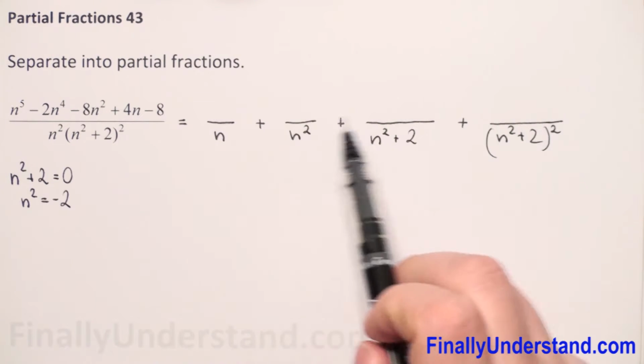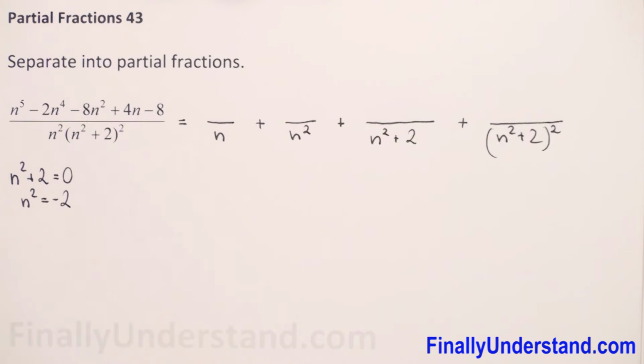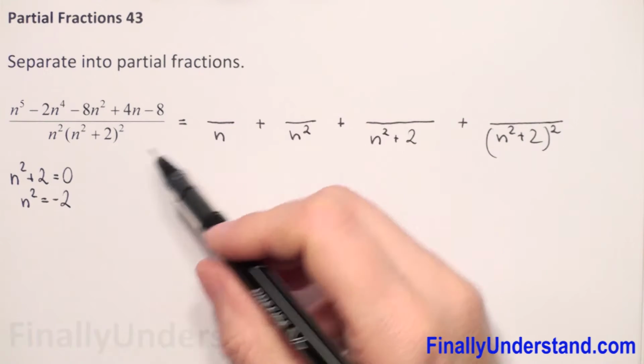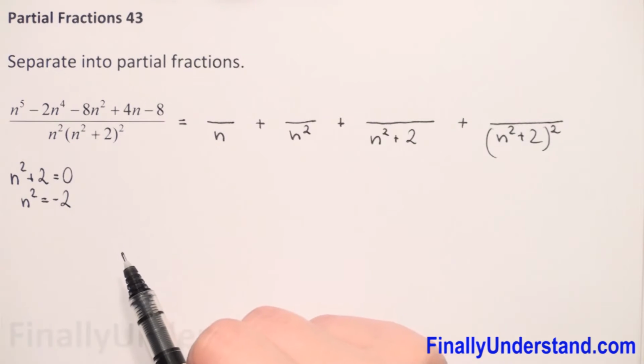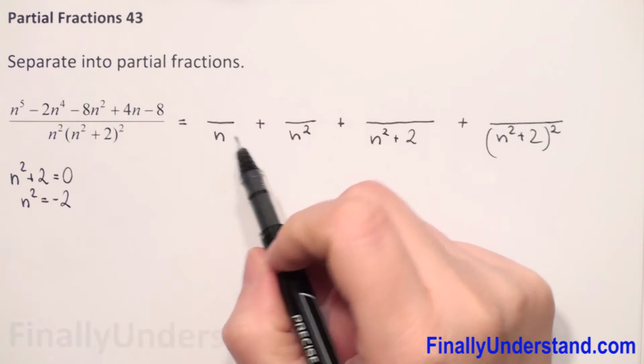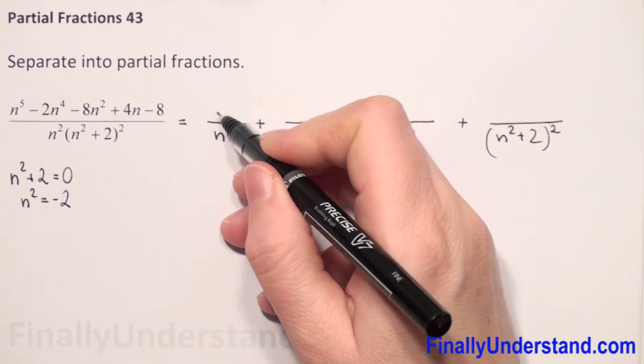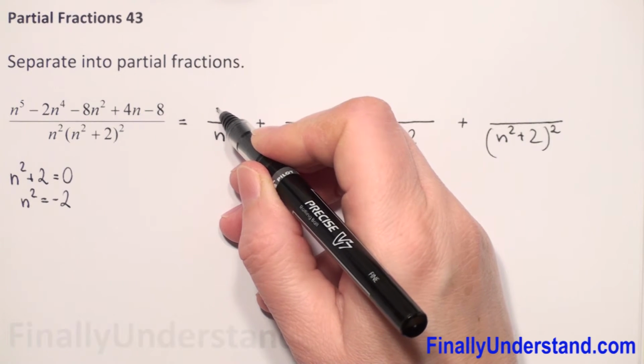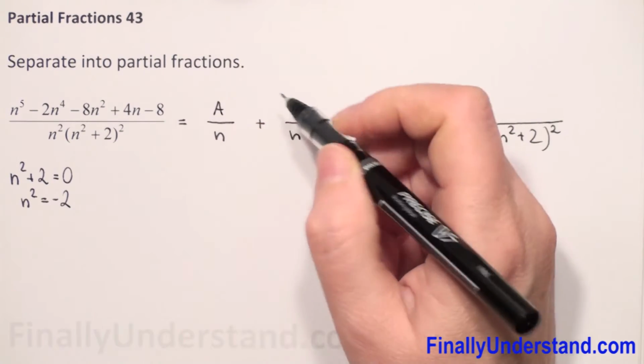Now we need to find the numerators, and in the numerator we always need a power 1 less than the denominator. First we have linear factor n, so we need only a constant in the numerator.